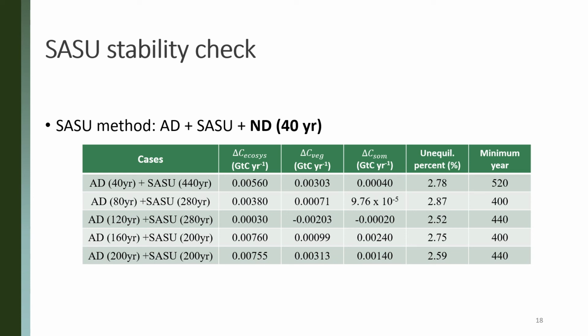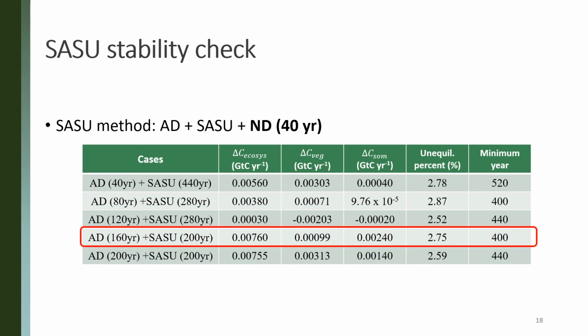We found the earlier the AD phase shifts to the SASU phase, the longer the SASU phase will take. Overall, in most cases, it takes about 400 to 440 years to reach the steady state. The fourth case has fewer unequilibrium grid cells, so we take the fourth case as the standard approach.